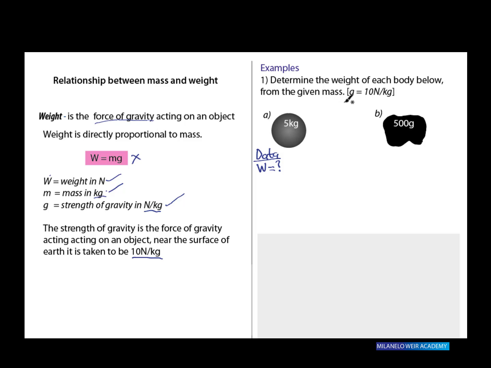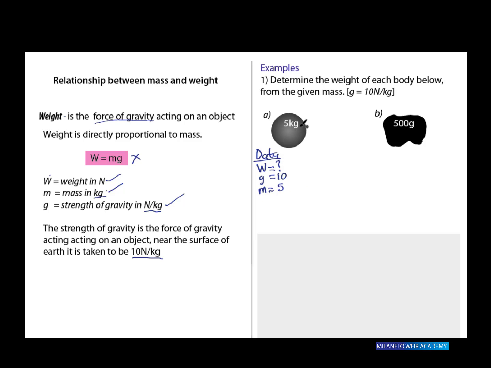From the given mass, G is equal to 10. For A, mass is 5 kg. M is 5 kg.